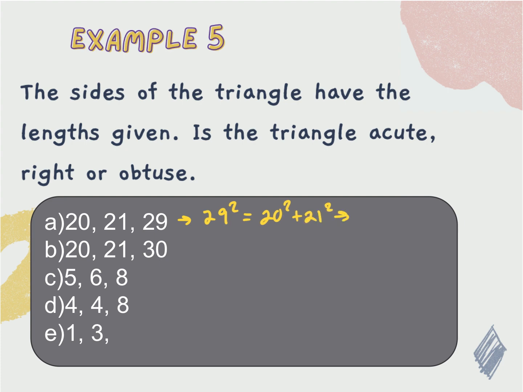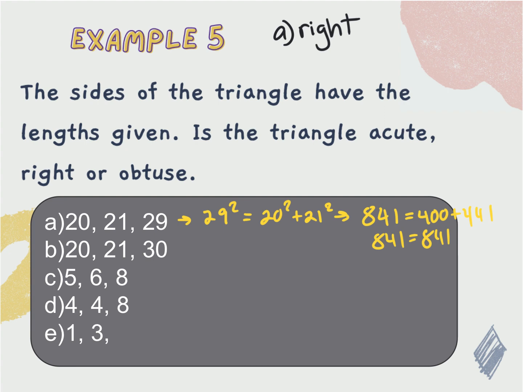This is going to give me 841 equals 400 plus 441. 841 equals 841. So therefore, this first triangle is a right triangle.